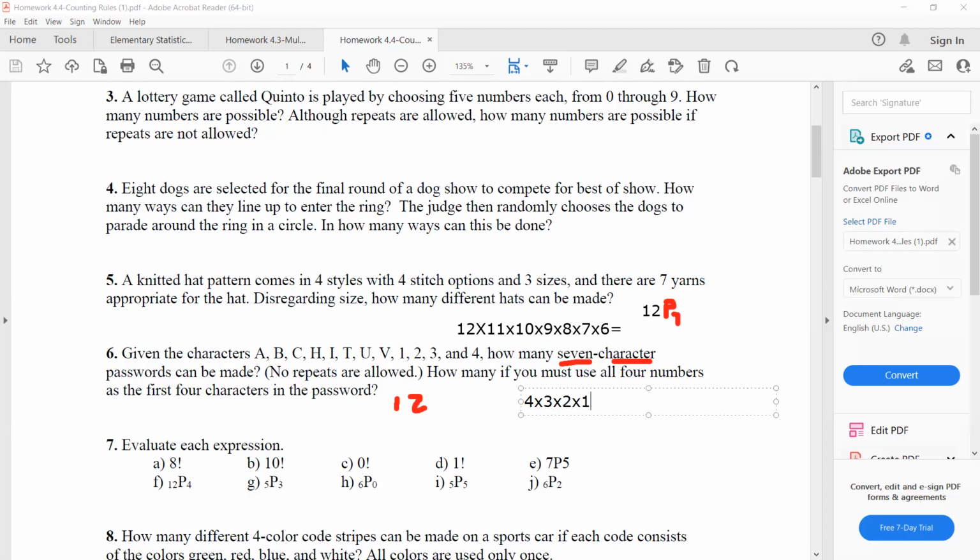But now we still have 3 more characters in the password here. So you have to think about the letters. There are 8 letters.